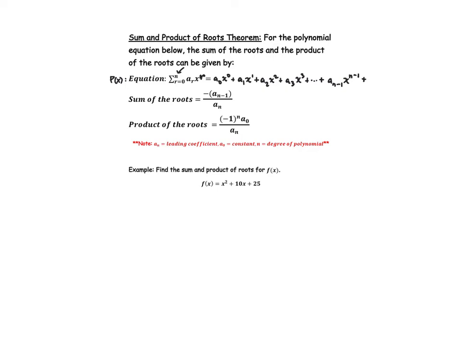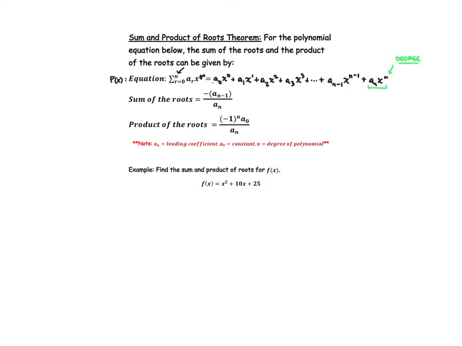Of course, I can see the summation ends at r equals n, so that would be a sub n times x to the nth. So clearly, we can see that this final term here is a special term. This would be the leading term. Therefore, this would be the degree of the polynomial.